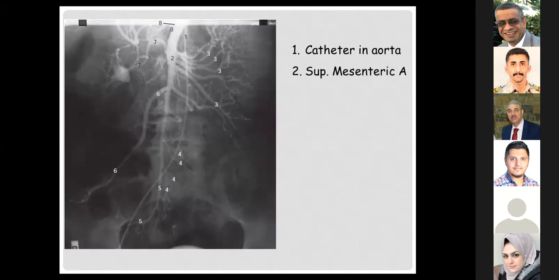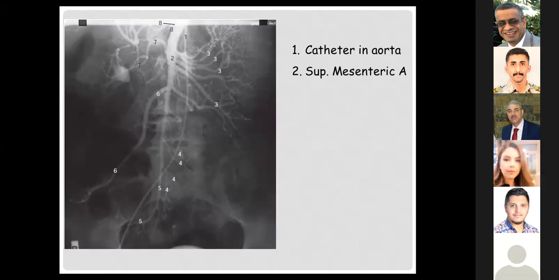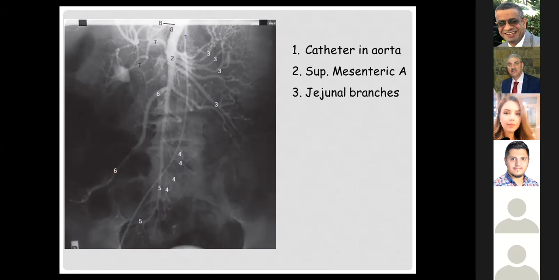Excellent. Number 3, these branches, what are they called? Jejunal branches. Excellent. Ileal branches of the superior mesenteric artery.